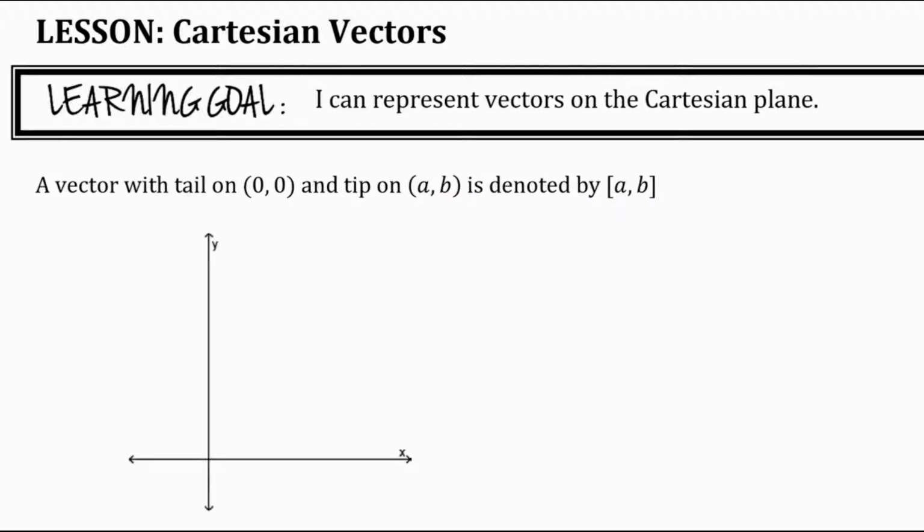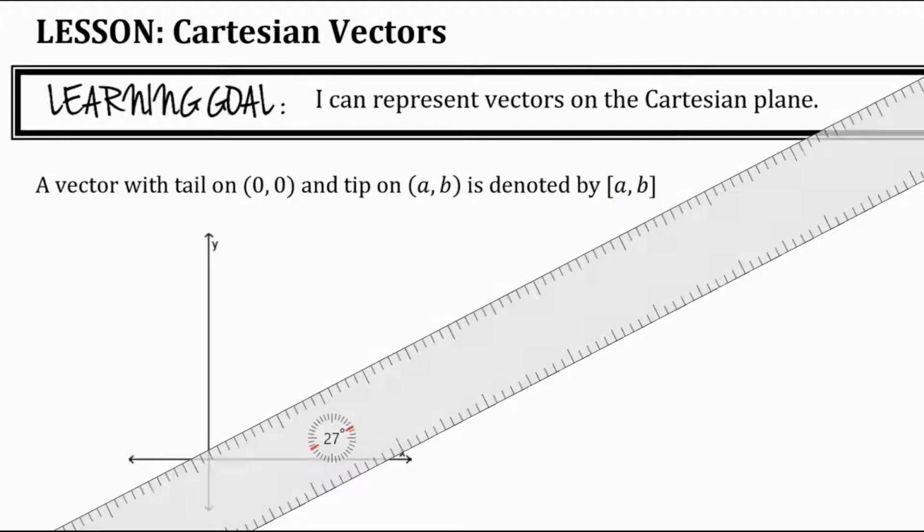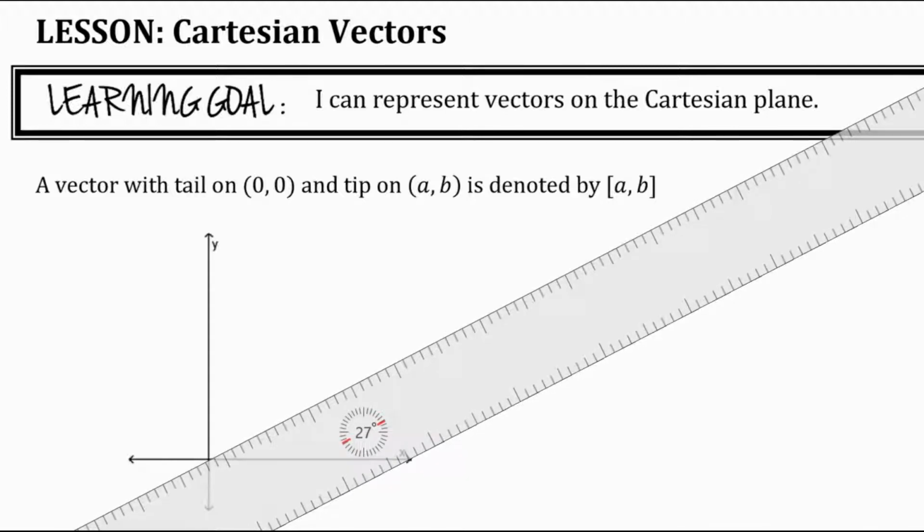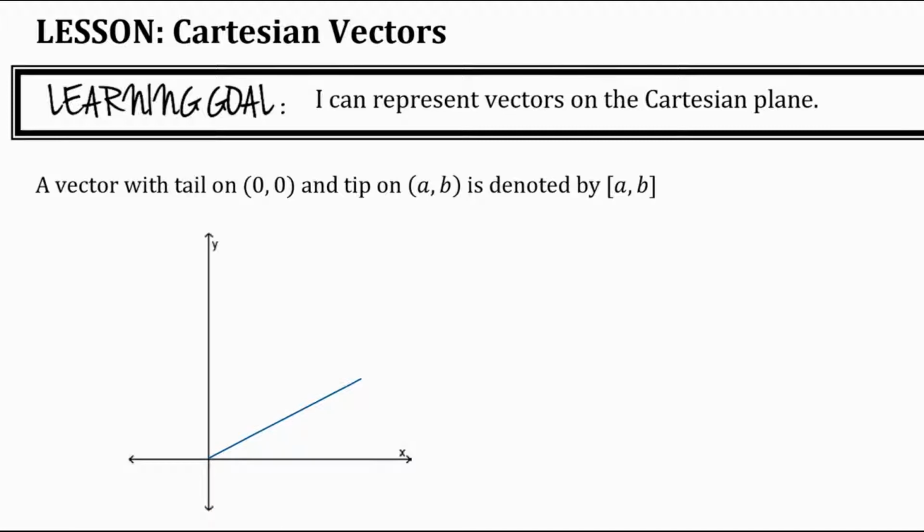And so I can have some vector, okay, and so this point is a, b.